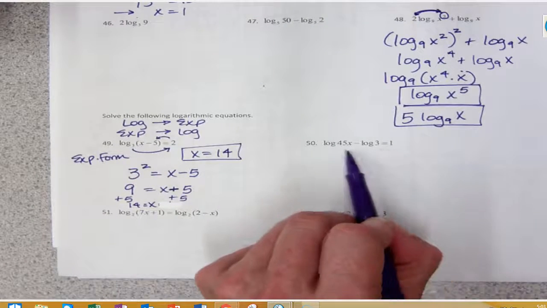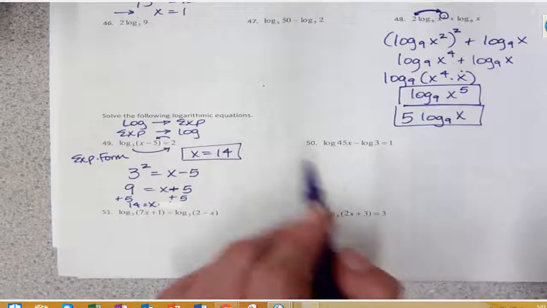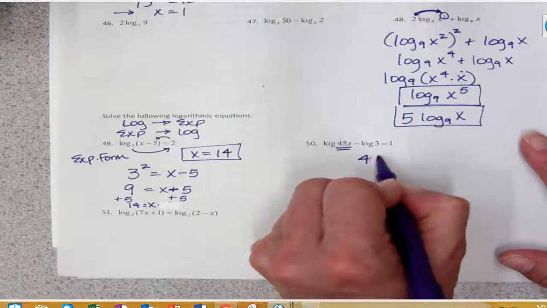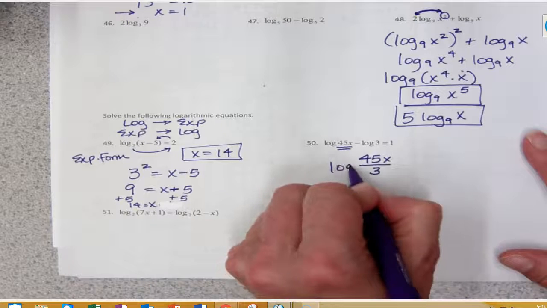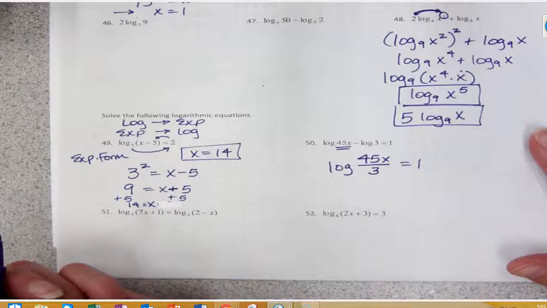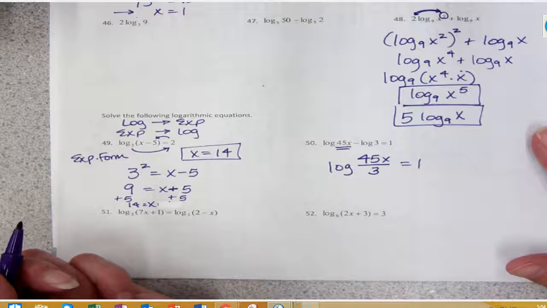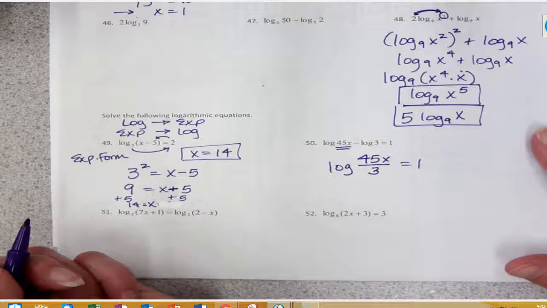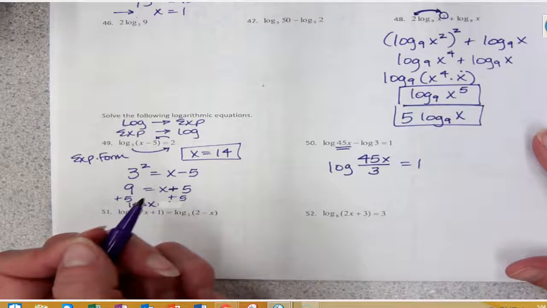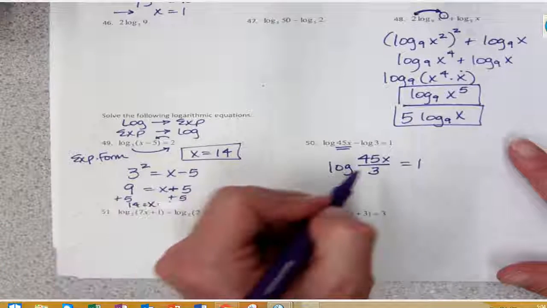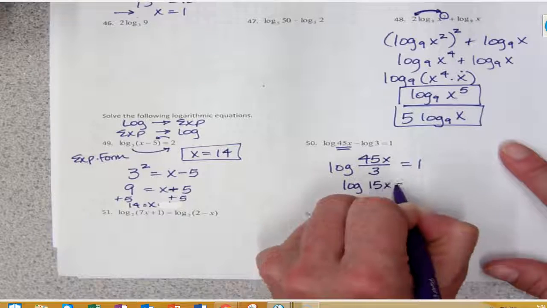So now here you're going to want to condense those because they have the same base. You're going to get 45x divided by 3, your log equals 1. Okay. How do you figure that out? Well, you can reduce that to log 15x equals 1.